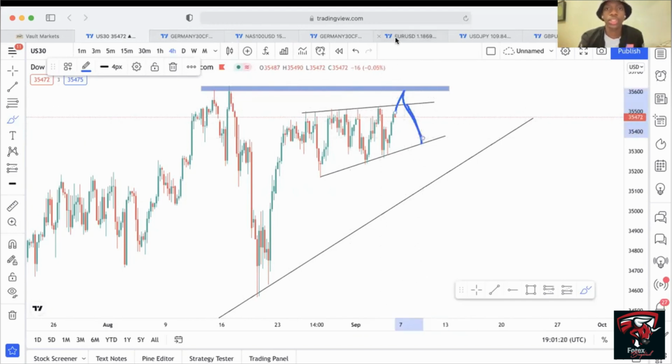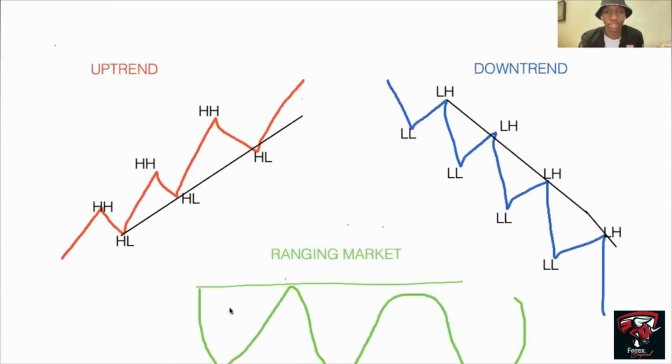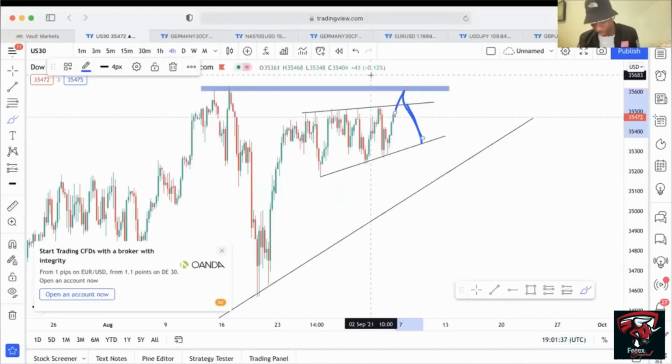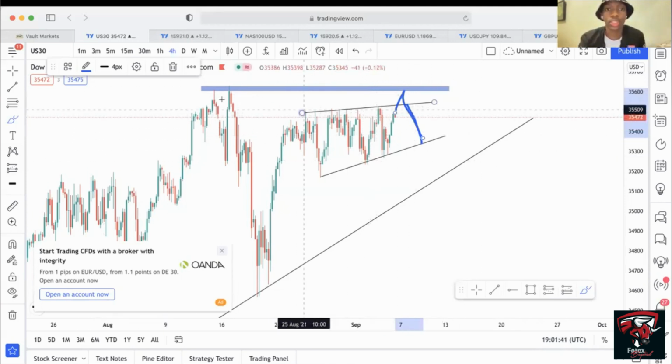It would be a third touch, just as I made an example of in ranging markets. So 1, 2, and then remember I pretended that, yeah, 3, right? I need to stop pretending and make sure my drawing is proper. Right, guys? So then, yeah, that's my US30 analysis.